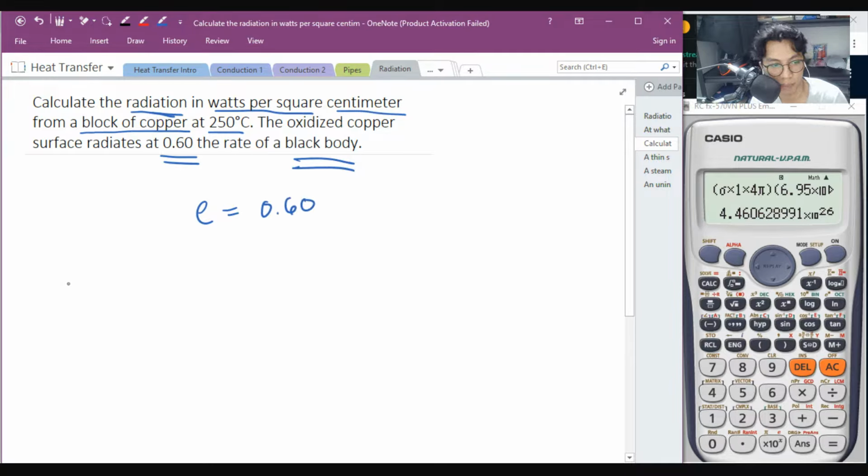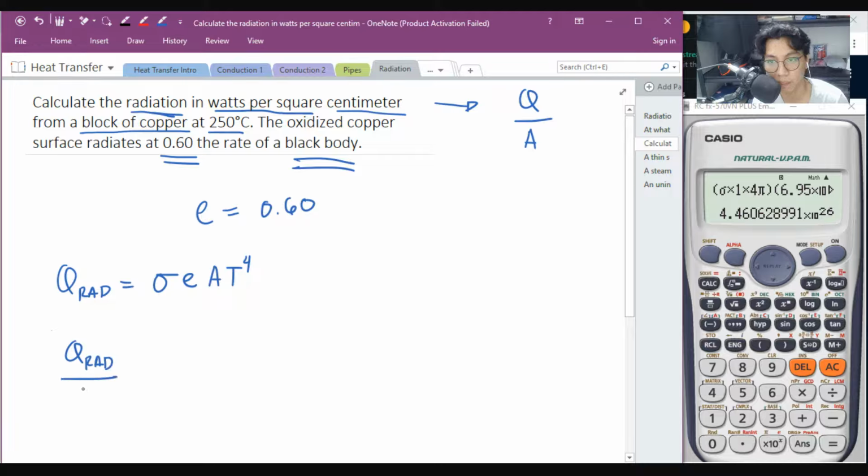So, Q rad is equal to sigma E area T to the fourth. But here it says watts per square centimeter, or the radiative heat per square centimeter of area. So, Q rad divided by A is equal to sigma E T to the fourth.